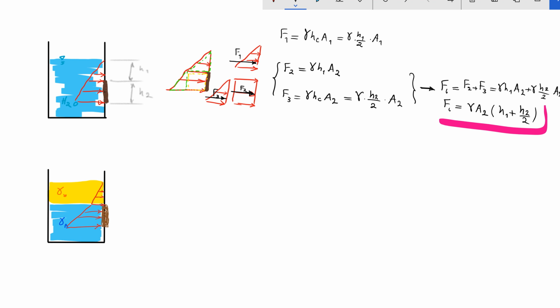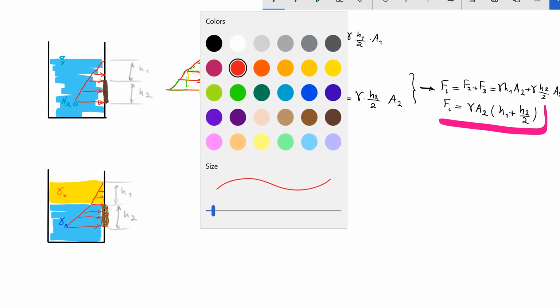Again, same naming, H1, H2, okay, and I'm going to use the same method we used for pressure.